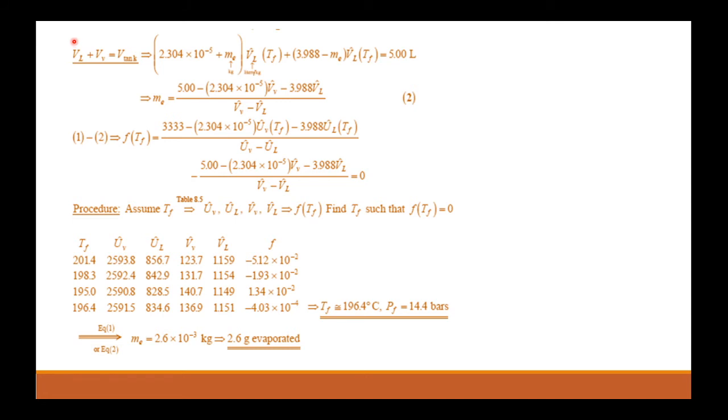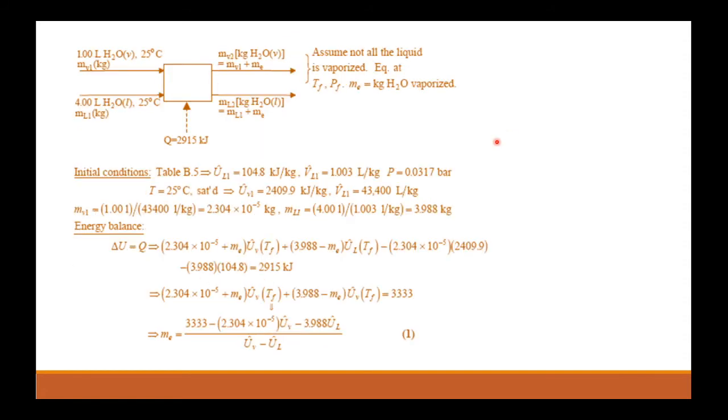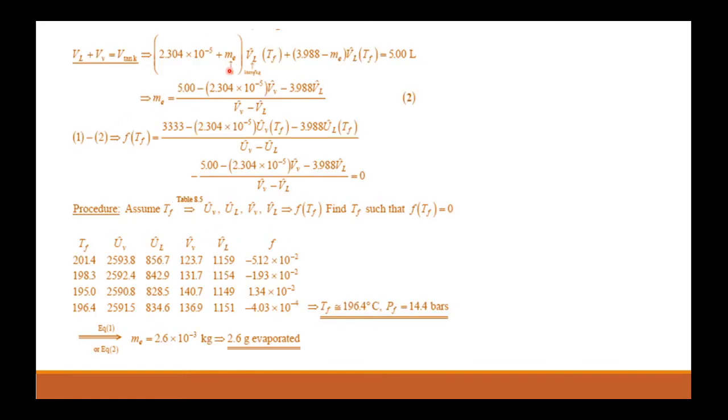Now we use the volume, so multiply M with the specific volume. So M here is this MV1 plus the evaporated mass in kg.